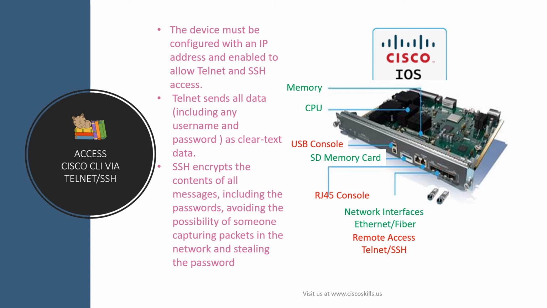Therefore, Telnet is usually used in lab environment, while SSH is used in production environment. We can conclude that this option allows us to be anywhere as long as our computer has IP connectivity to the device. We usually use this option for day-to-day operation.